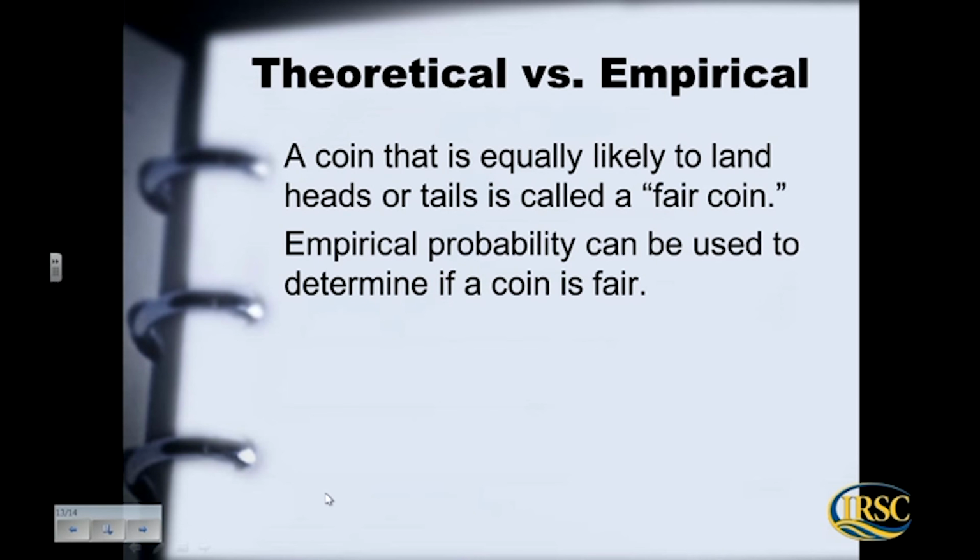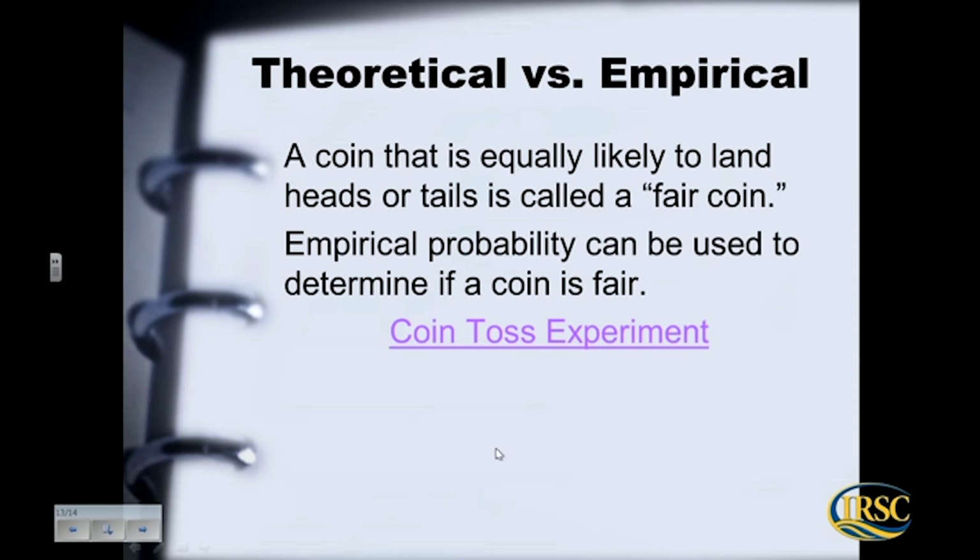Is the coin giving an equal chance of landing on either one? So we got a quarter here, and in order to determine whether this is a fair coin, I could flip it a few times to see what happens.